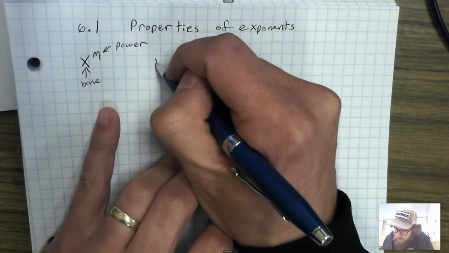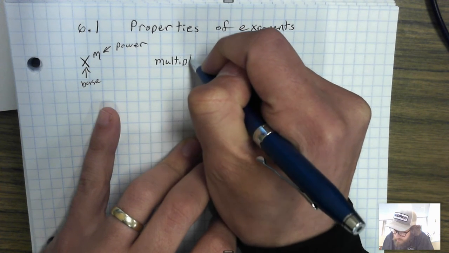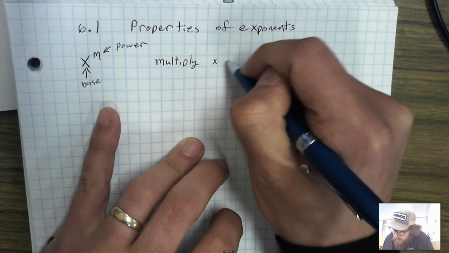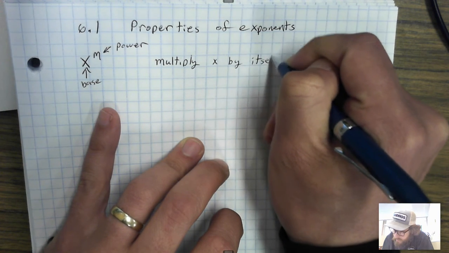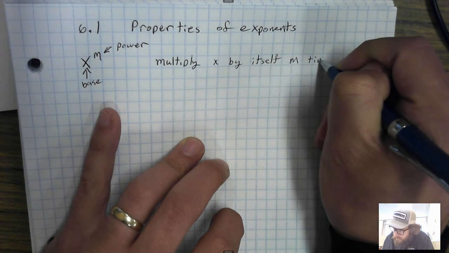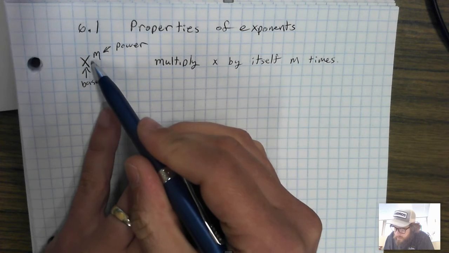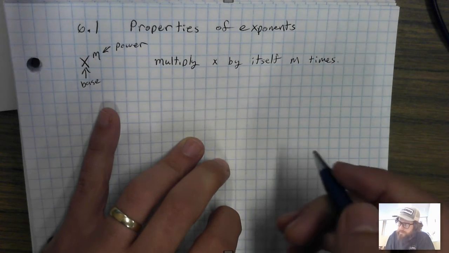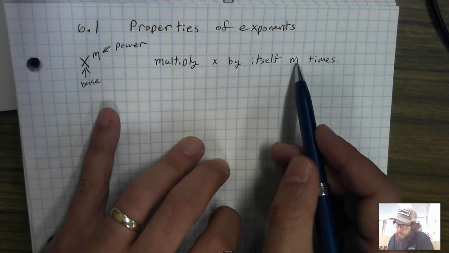So you'll multiply x by itself m times. X times x times x times x times x. Multiply x by itself m times. The base, the power.